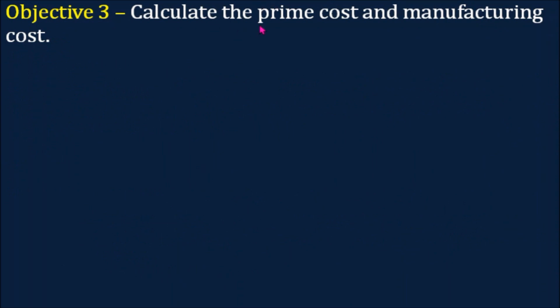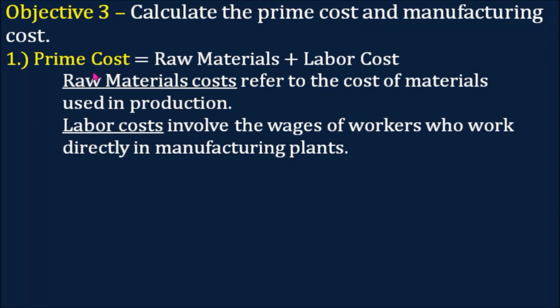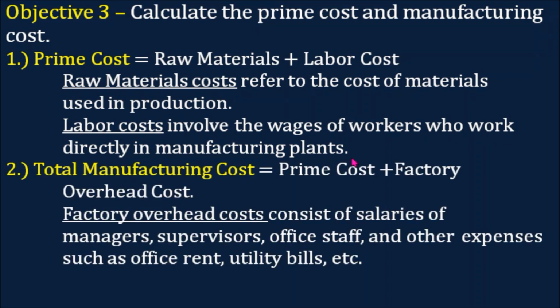Objective number 3, calculate the prime cost and manufacturing cost. So prime cost means the raw materials plus the labor cost. The raw materials cost refer to the cost of materials used in production, while the labor cost involve the wages of workers who work directly in manufacturing plants.